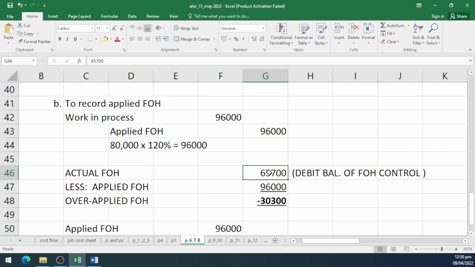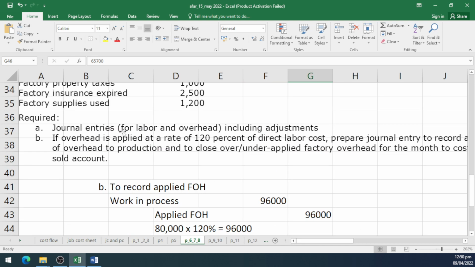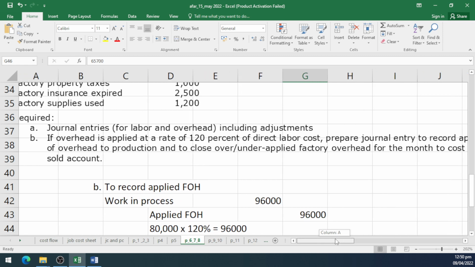Yung debit balance ng ating factory overhead control. Ngayon, we go to requirement letter B. If overhead is applied at a rate of 120% of DL cost, prepare journal entry to record application of overhead to production.